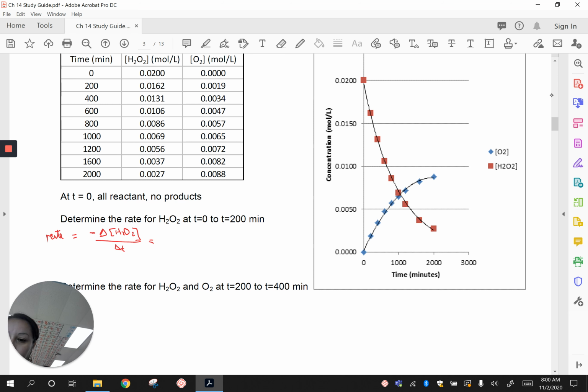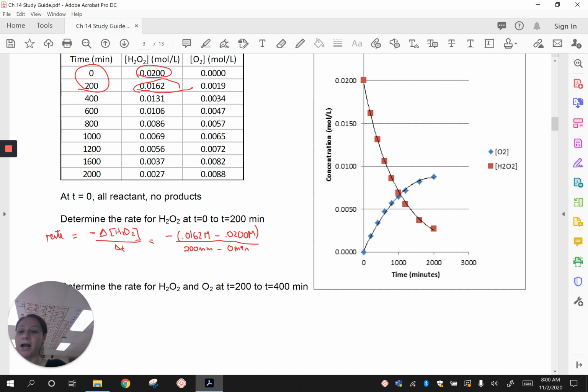So then it is equal to negative, and change in anything is always final minus initial. So final is my 200, 0.0162 molar minus my initial, which is 0.0200 molar, over change in time, again final minus initial, so 200 minutes minus 0 minutes.